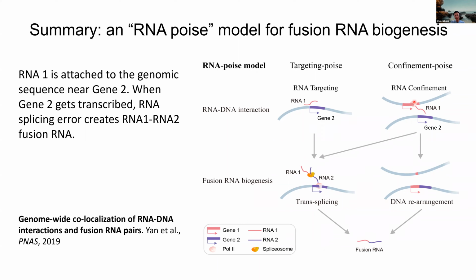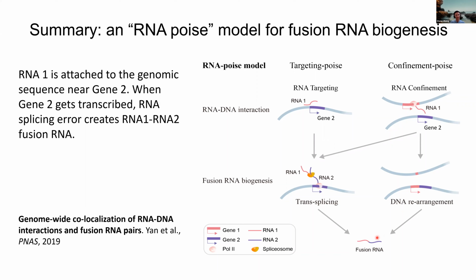If this is indeed one of the underlying causes, there are also other data showing that when two pieces of DNA are close in space, there is a greater chance of DNA rearrangement forming a fusion gene. And of course, fusion genes could be transcribed into fusion RNA.